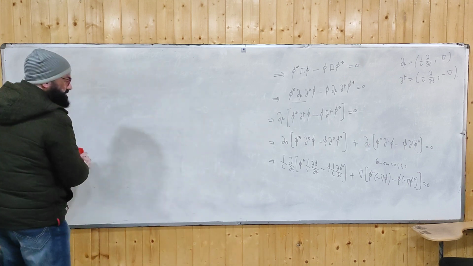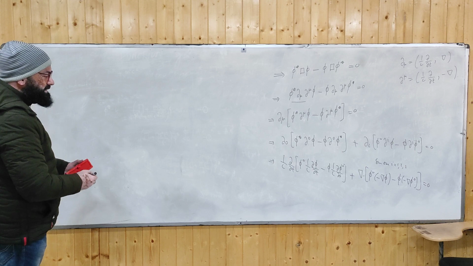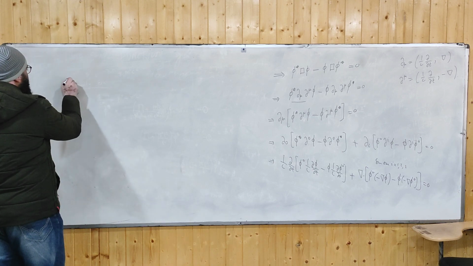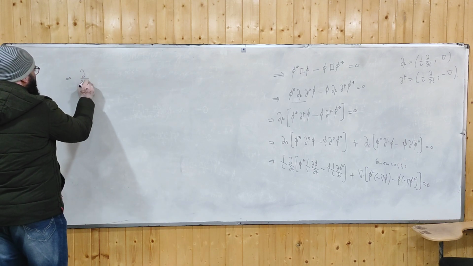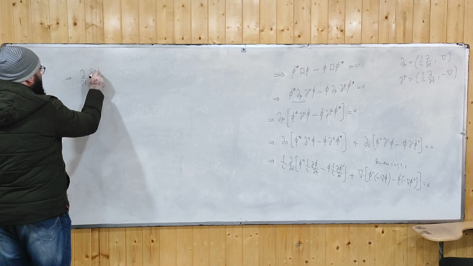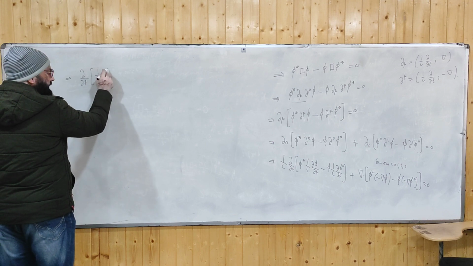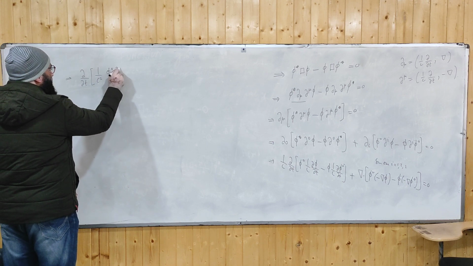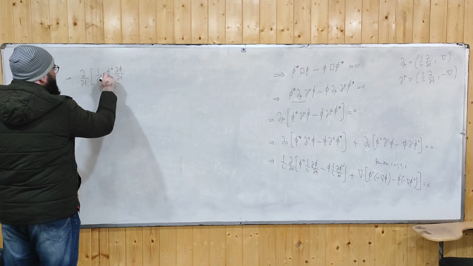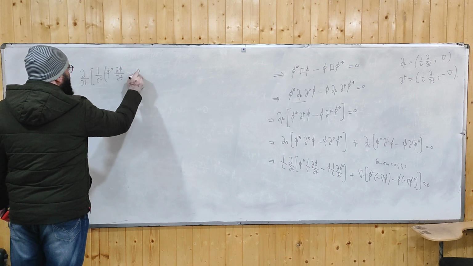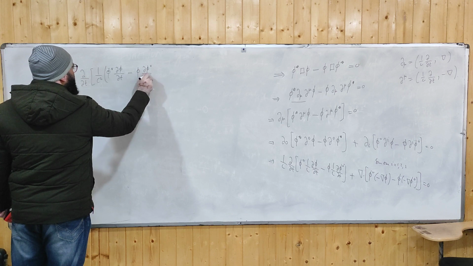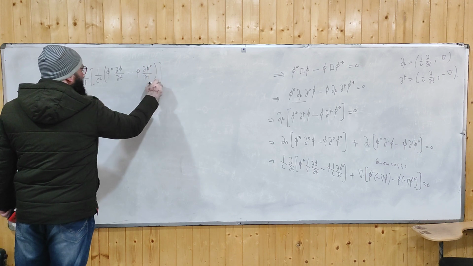0. Okay? So let's write it. So which implies you are having ∂/∂t, so I'll write it as (1/c²) [ψ* ∂ψ/∂t minus ψ ∂ψ*/∂t]. Okay?